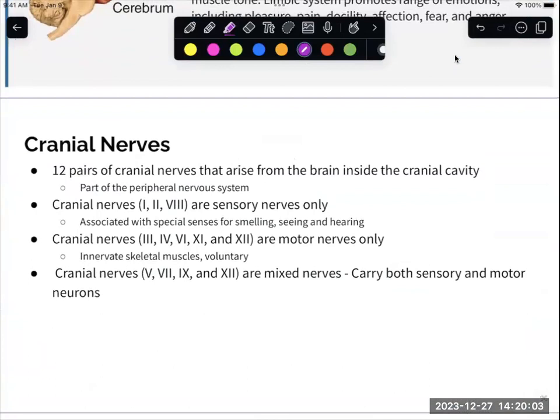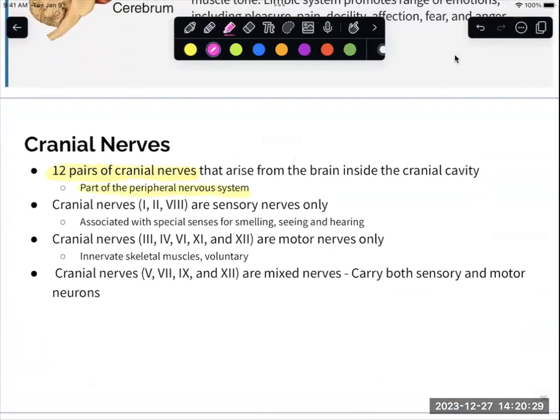Our cranial nerves are nerves that come off of the brain, and the majority of them do something with the face, the head, and the neck. We have 12 pairs, so we have a right and a left, and they are considered part of the peripheral nervous system.